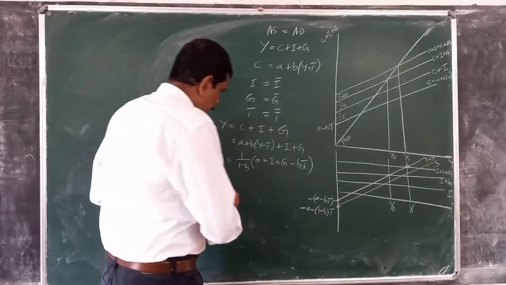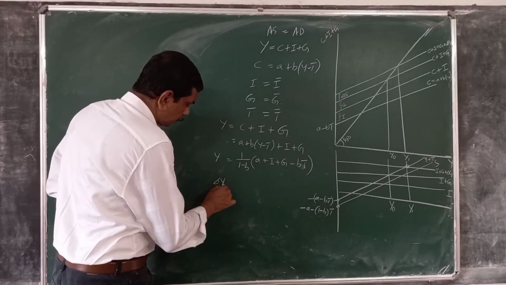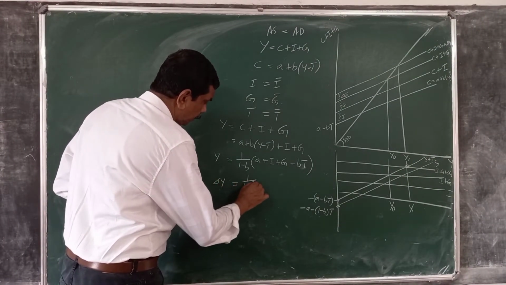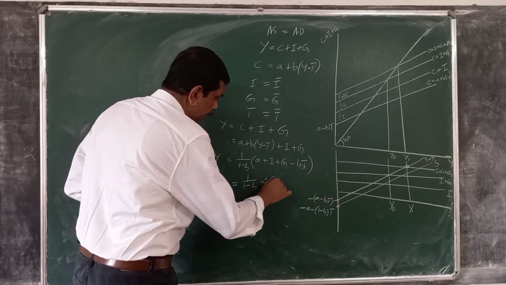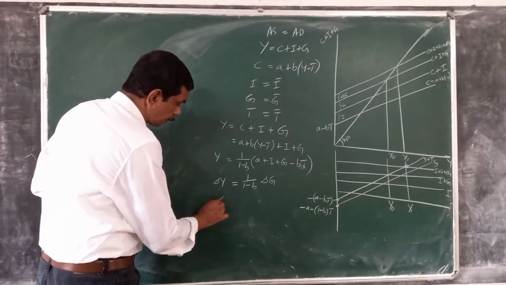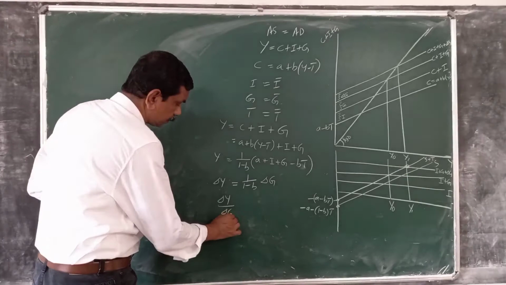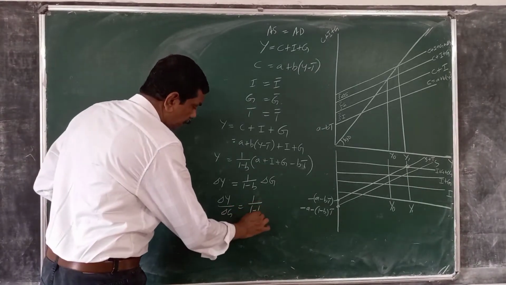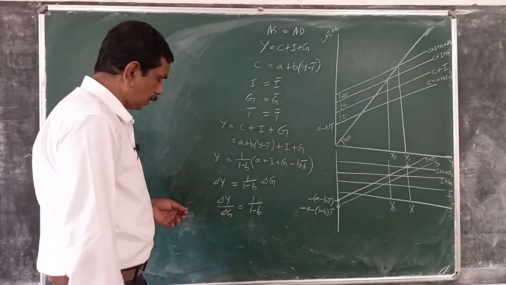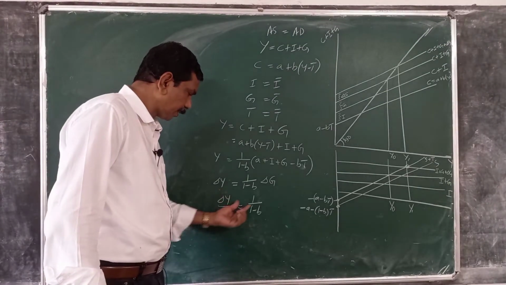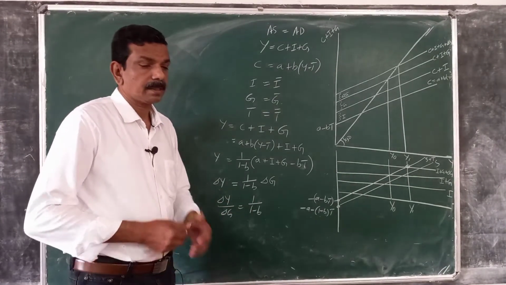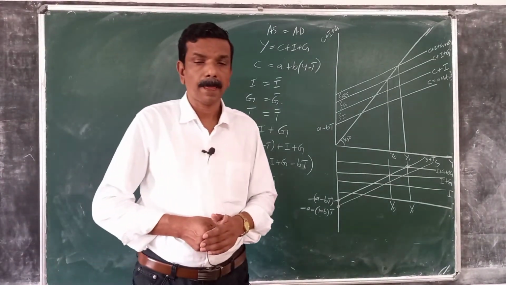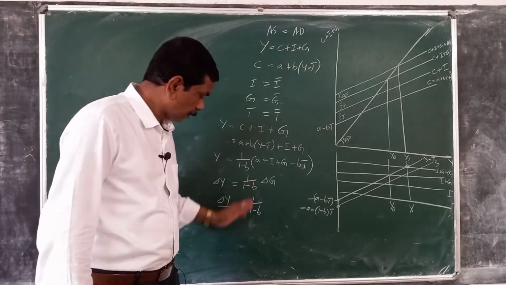And delta Y is equal to 1 by (1 minus B) into delta G, or delta Y by delta G is equal to 1 by (1 minus B). And this is the government expenditure multiplier, delta Y by delta G, 1 by (1 minus B).